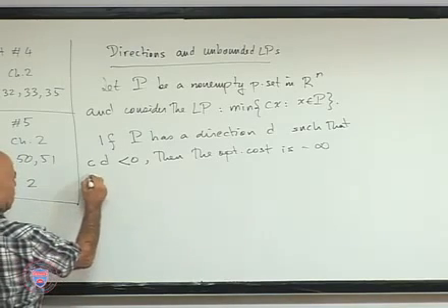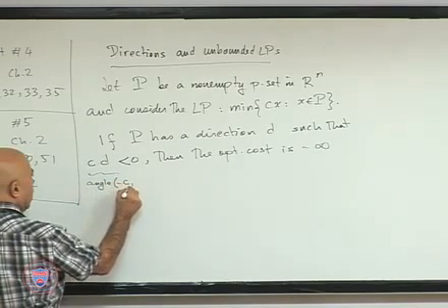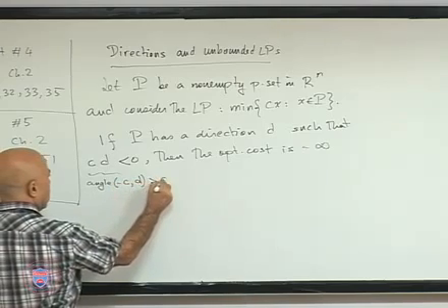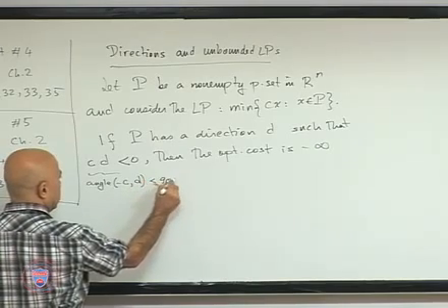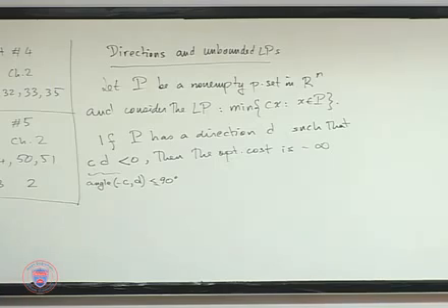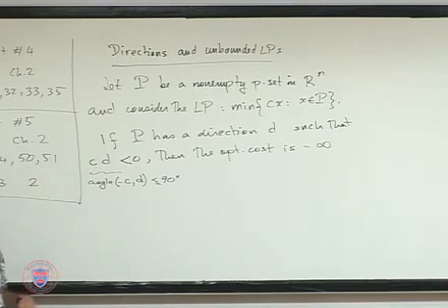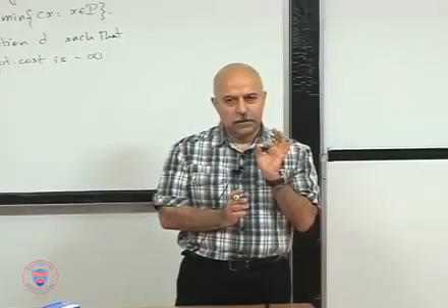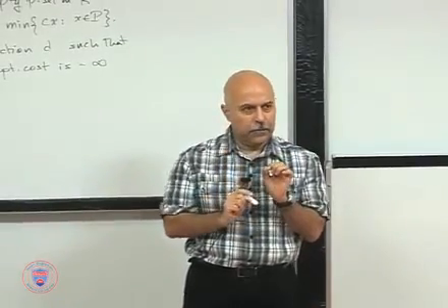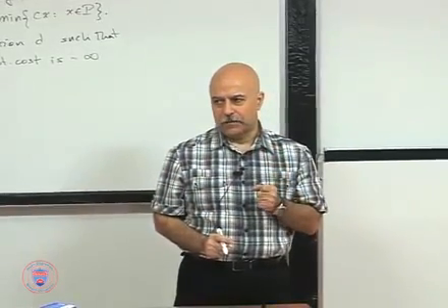Of course, what this means is the angle between minus C and D is less than 90 degrees, right? The angle between C and D is greater than 90, so the angle between minus C and D is less than 90. And the movement, for a minimization, in the feasible region in the direction of minus C makes you go down in objective function value.